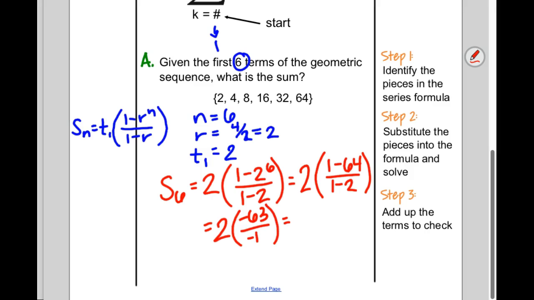Negative 63 divided by negative 1 is positive 63. So then we multiply 2 times 63 and we get 126. Now if we were to go ahead and add up each of these terms, we would still get 126. So it's pretty slick.